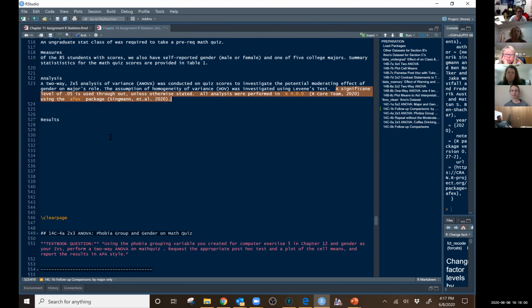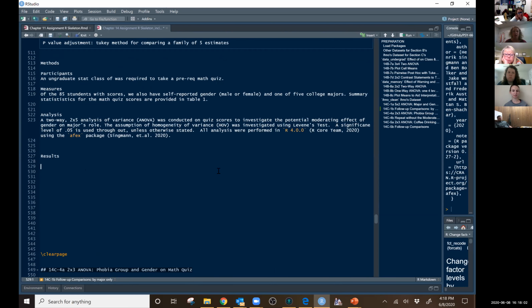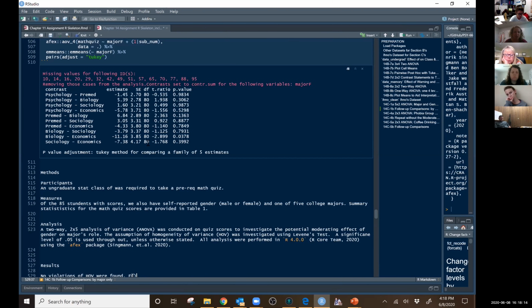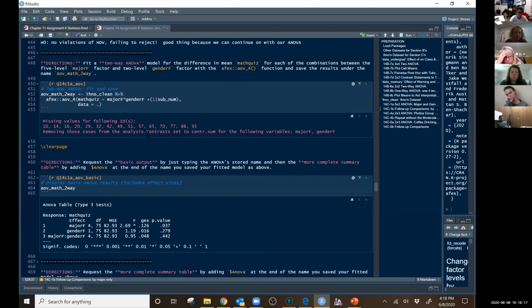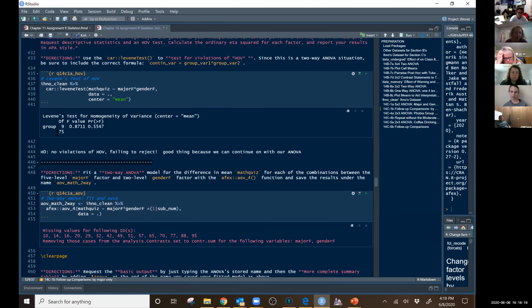But again, not for here. So, in the results, you start off working backwards. So what are your assumptions? No violations of homogeneity of variance were found. And we back ourselves up. Where was our Levene's test? Oh, here. Degrees of freedom are 9 and 75.